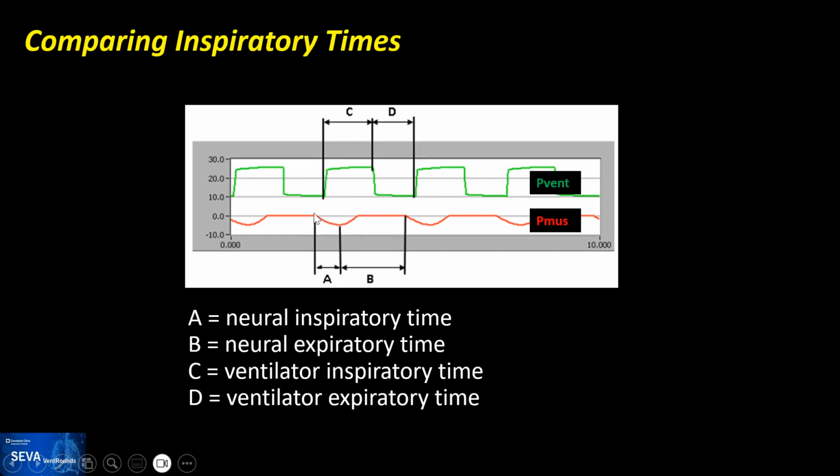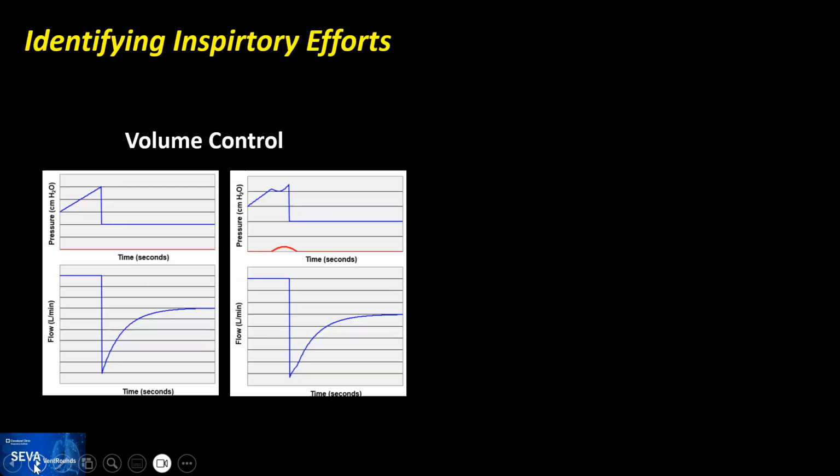As the inspiratory effort increases, we call that the neural inspiratory time to the peak, and then it relaxes and goes to 0. The period indicated here as B is the neural expiratory time. So obviously there's a mismatch here between the neural inspiratory time in A and the set ventilator inspiratory time shown in C. And this is where the problems arise.